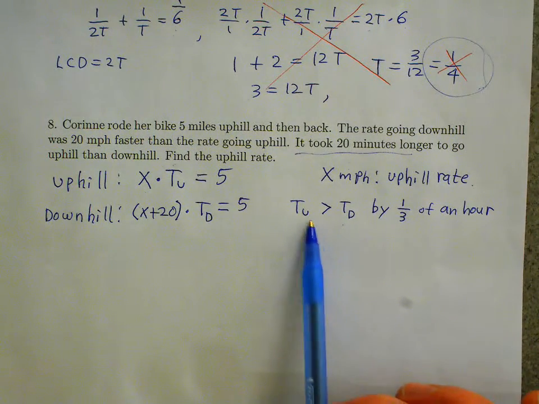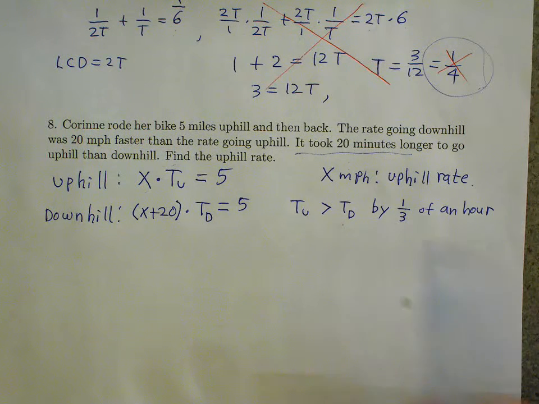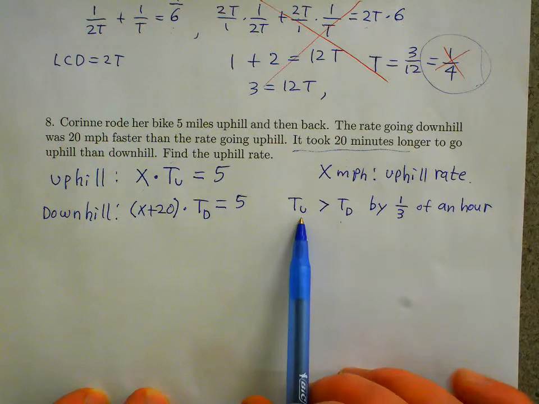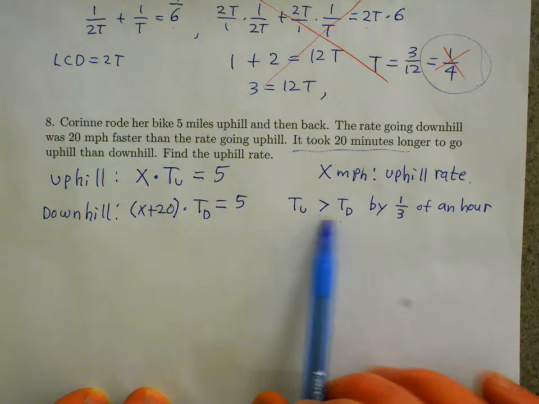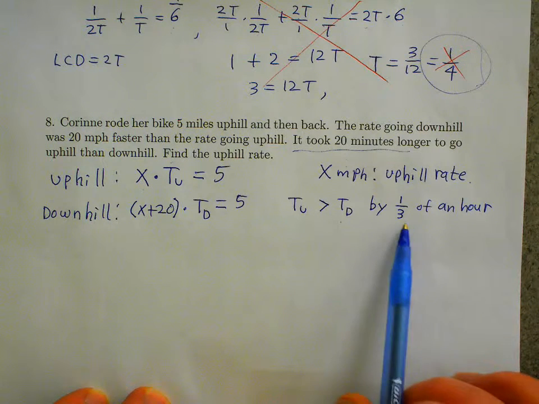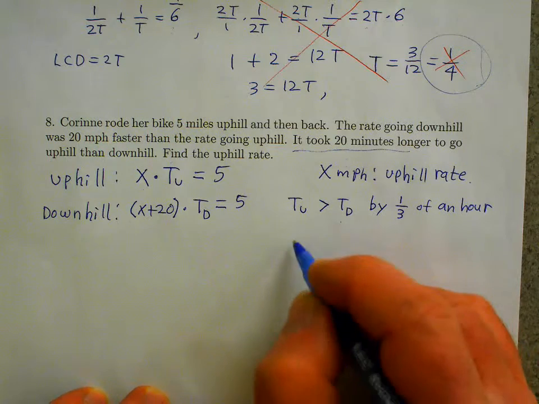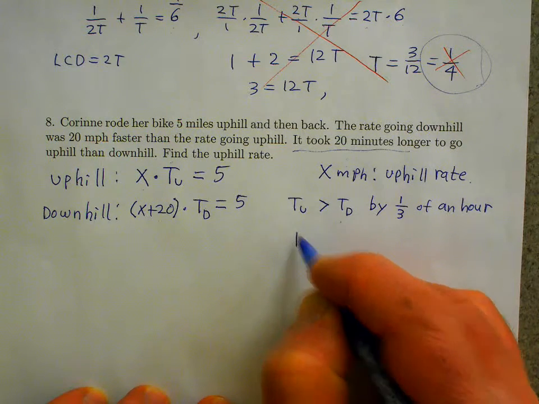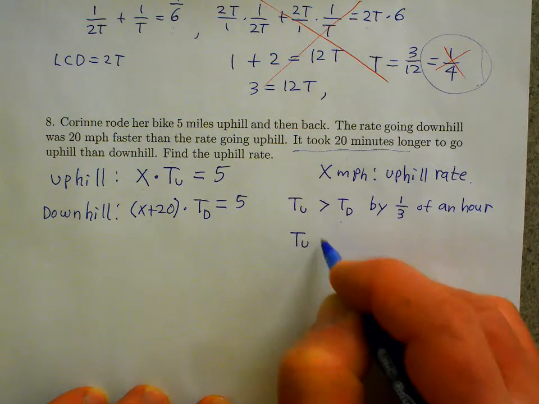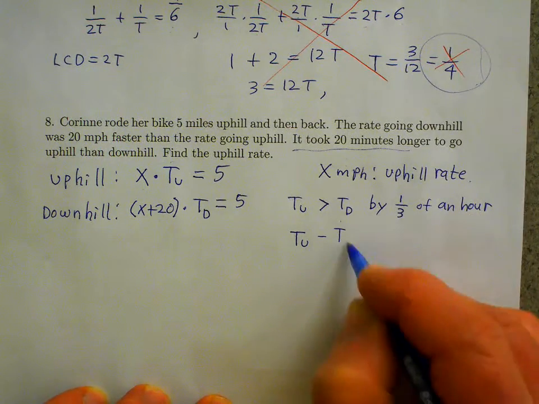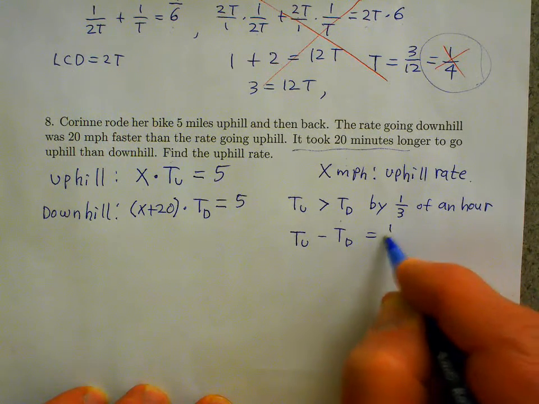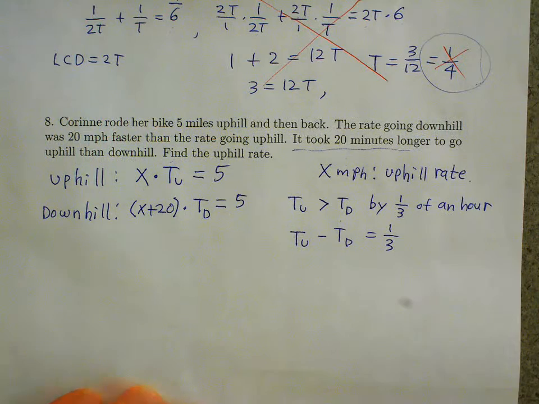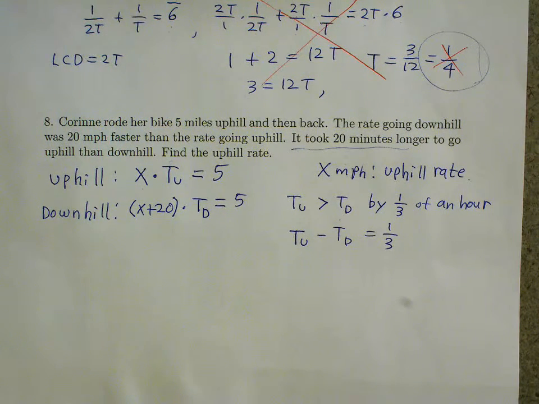Okay, so we can convert this inequality into an equation. The larger number minus the smaller number equals 1/3. So if I subtract the smaller number from the larger number, the difference is 1/3 of an hour.